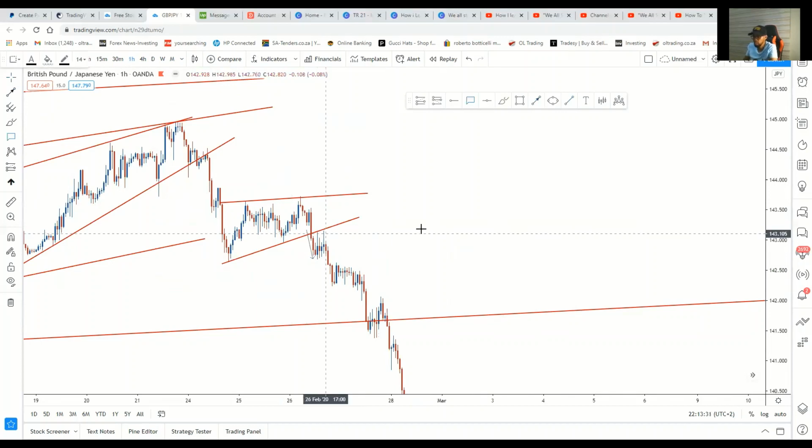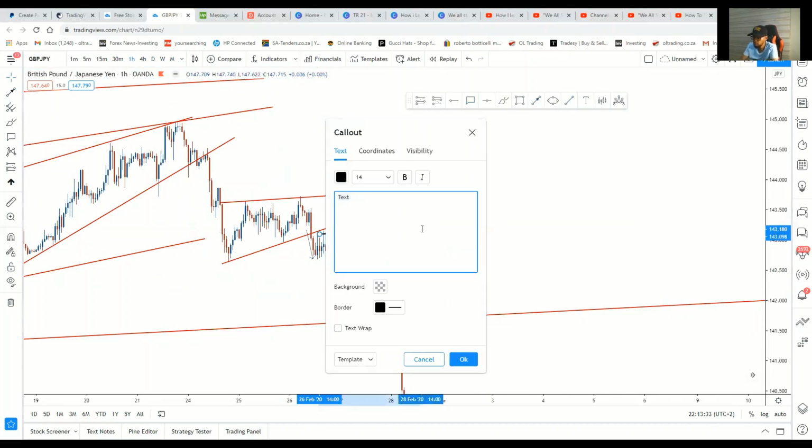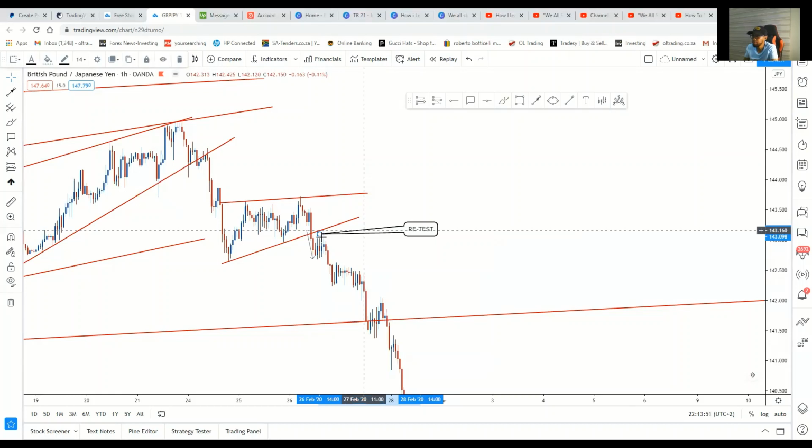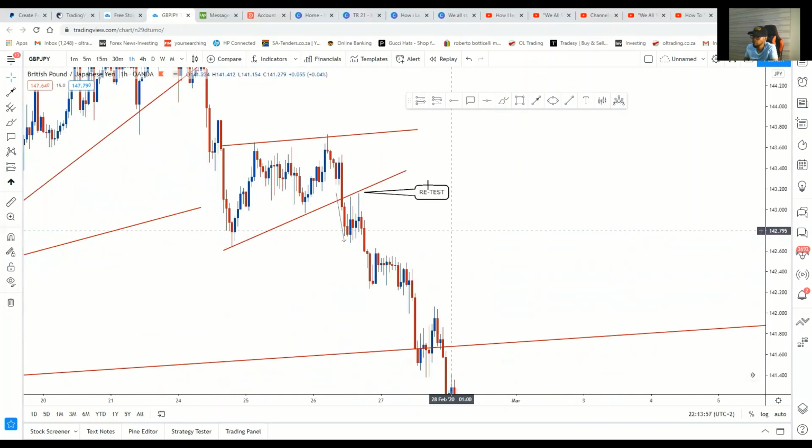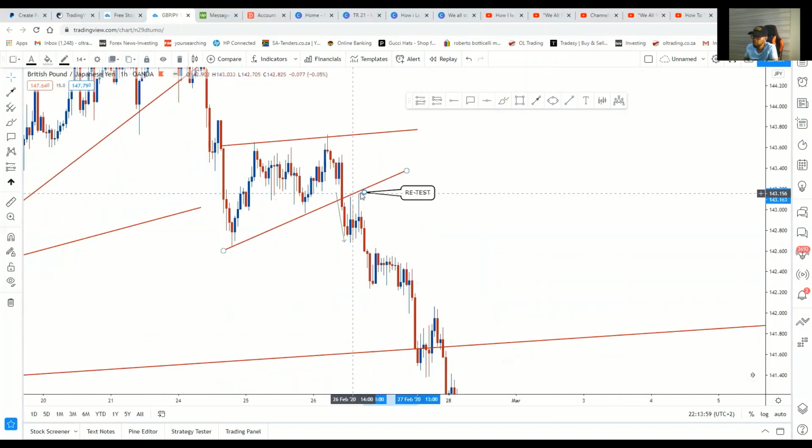So always, if you want to be a step ahead of the market, you have to understand that you can wait for a break and then take your trade when it does a retest. So you can see here it did a retest and then you can take your trade there.